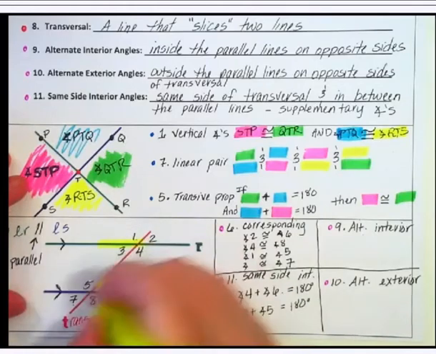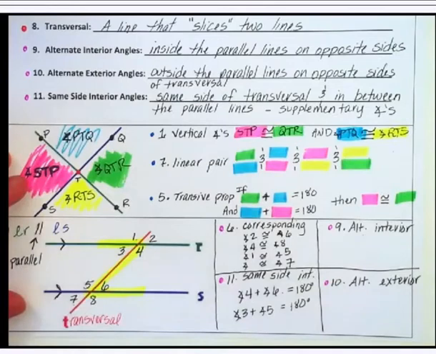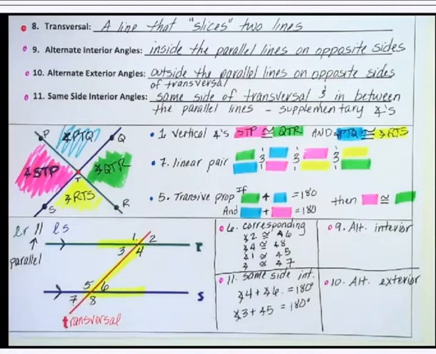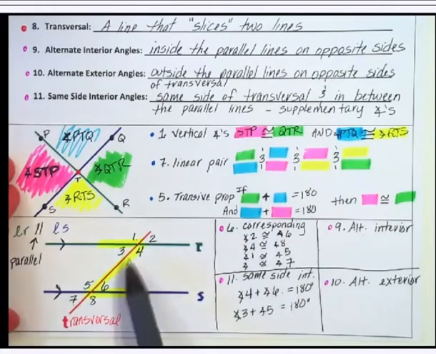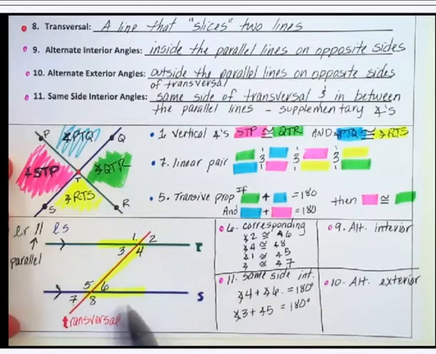I see a letter Z right here. Okay, I made the letter Z. And so watch what happens. Inside the parallel lines, but on opposite sides of the transversal, do you see how 3 is in the little crook of the top part of the Z and the 6 is in the little crook on the bottom part of the Z?